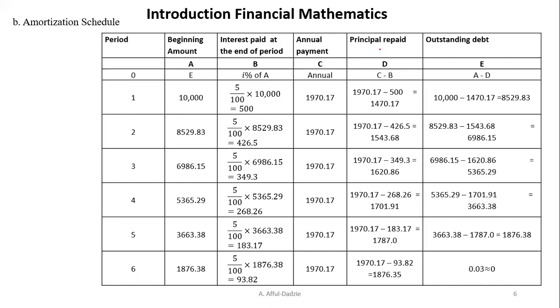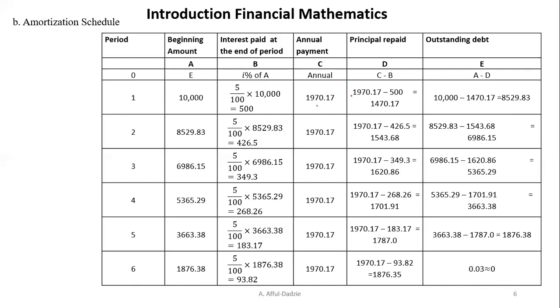The principal repaid is how much we are going to pay against the loan. At the end of year 1, you have brought 1,970 towards your loan, but the bank is not going to take all this 1,970 against the loan. They would first deduct the interest from this amount, and then whatever is left goes against the loan.